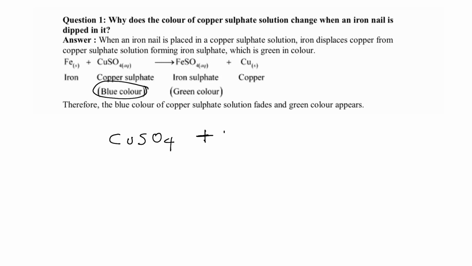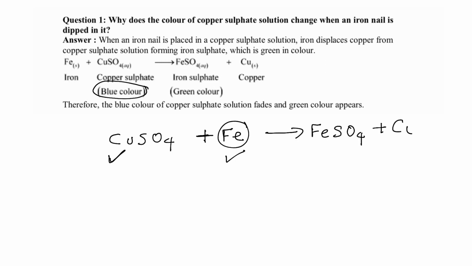And what we are doing, we are dipping an iron nail, so Fe. And remember one important point: Fe is more reactive than copper. So definitely a displacement reaction will take place. You will get FeSO4 plus copper. Right? Fe displaces copper from its solution.